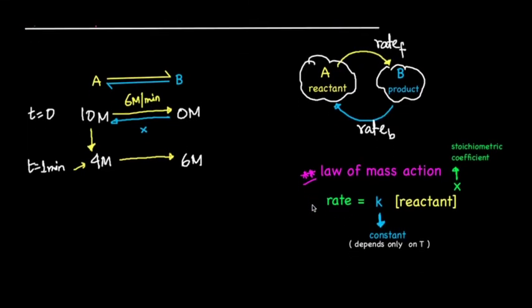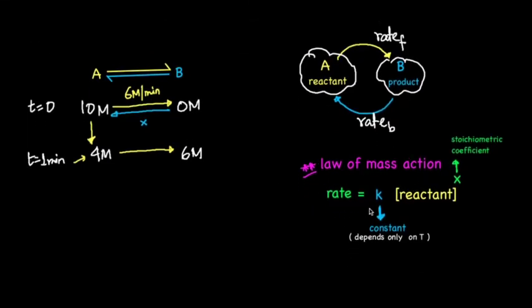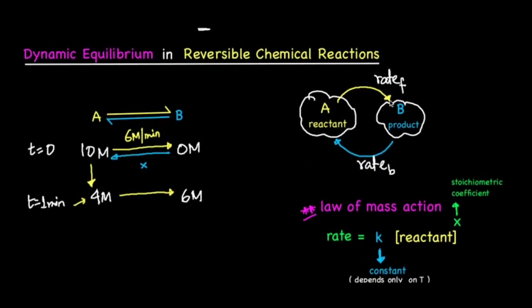In fact, from the law of mass action, we know that rate is equal to some constant into concentration of the reactant raised to its stoichiometric coefficient. In other words, in our example, the rate forward will be equal to some constant, let us say K forward, into concentration of the reactant raised to its stoichiometric coefficient. So we have a stoichiometric coefficient 1 out here, so raised to the power 1.